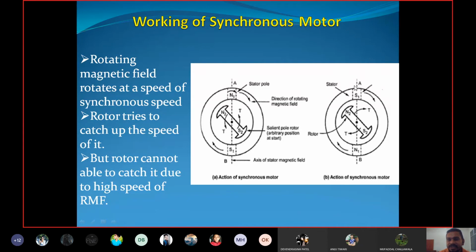Once again this pole becomes the south pole of the stator and this pole becomes the north pole of the stator. Now the opposite poles are nearer to each other.